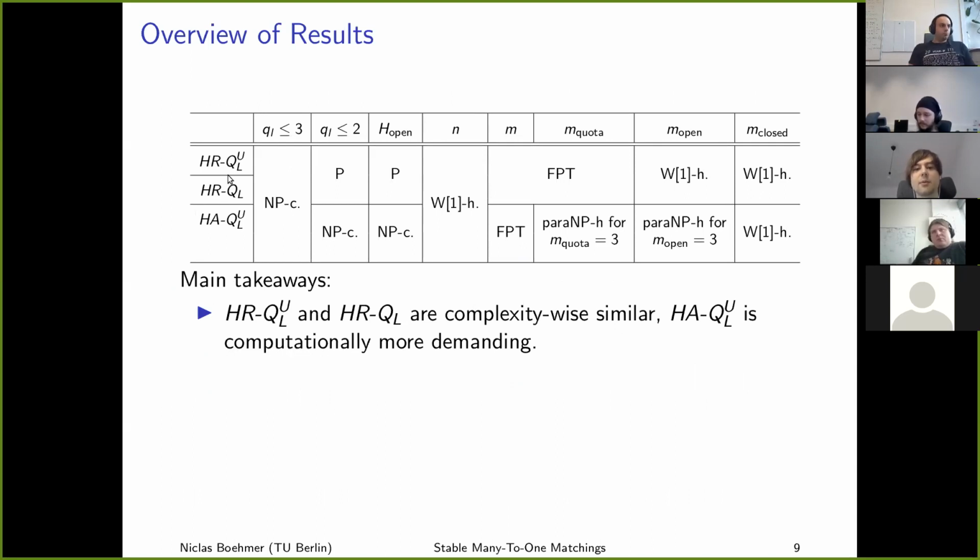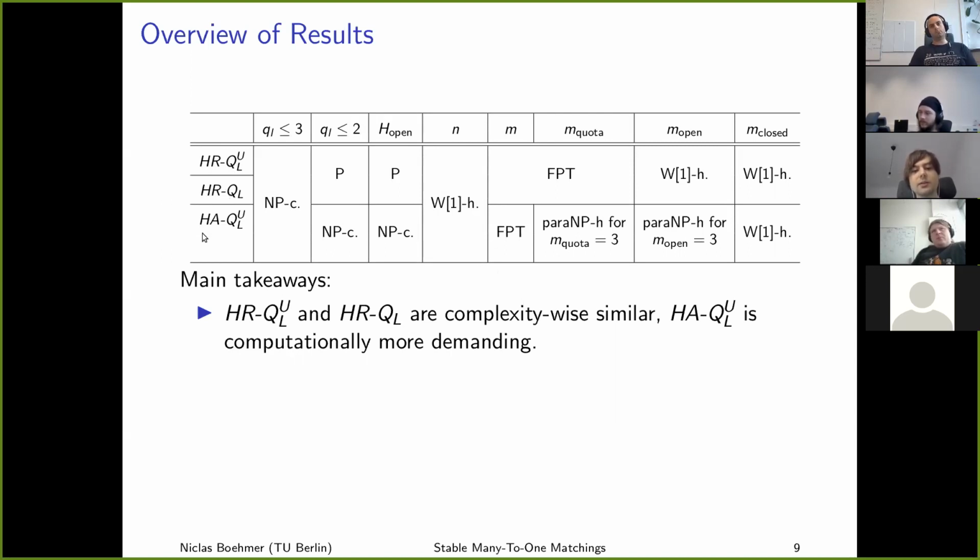Even the algorithms were very similar, and the hardness results were the same, because hardness for the just lower quotas case also implied hardness for the lower and upper quotas case. This may be interesting, because it tells you that upper quotas don't really make the problem more complicated. So by adding upper quotas to the setting with just lower quotas, we don't really make the problem more complicated.